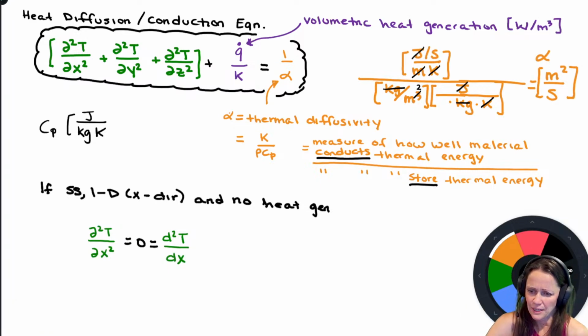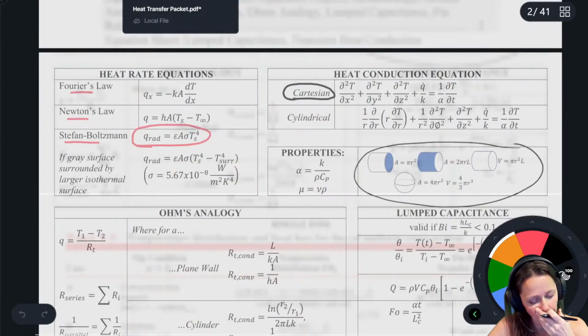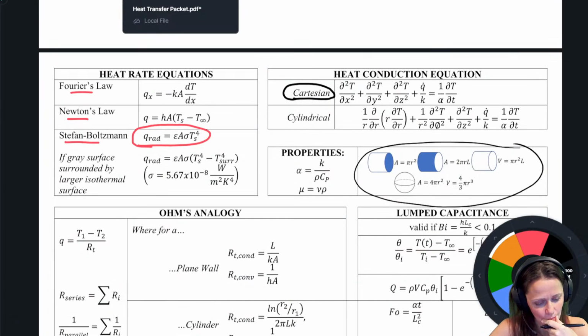All right, are we not concerned with the dT, the derivative of temperature with respect to time multiplied by one over the thermal diffusivity?